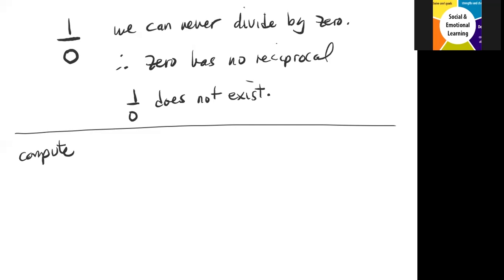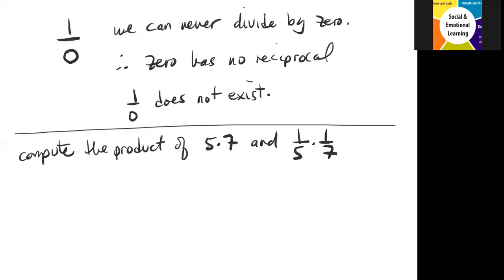So this might be some review, but I wanted us to work with some fractions a little bit today. Compute the product of 5 times 7 and 1/5 times 1/7. So we have a product of these two terms here, and each of these terms is a product in itself.